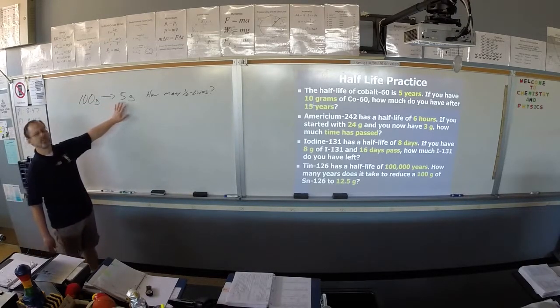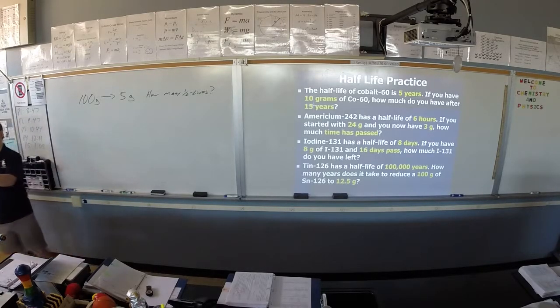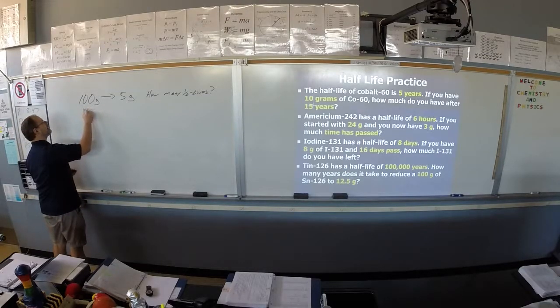So with your neighbor, try to figure out how many half-lives have gone by to take a 100-gram sample and turn it into a 5-gram sample. And again, if you estimate, that's okay. To give you an example, to get you started, after 0 half-lives, you got 100 grams.